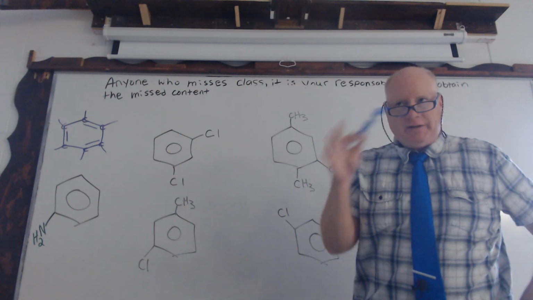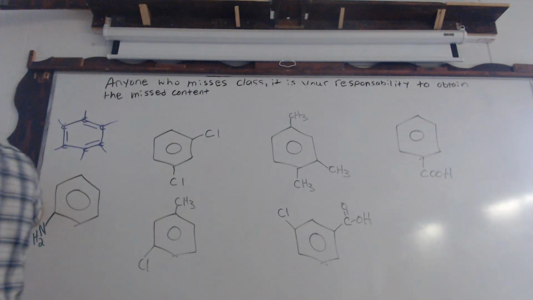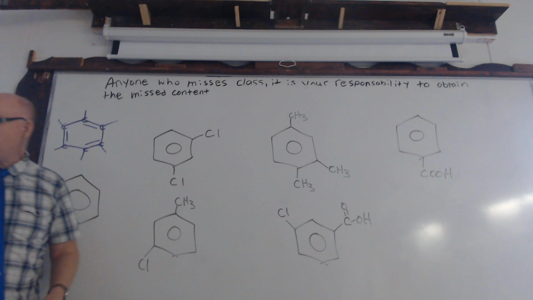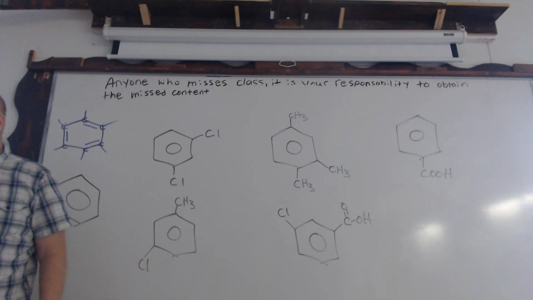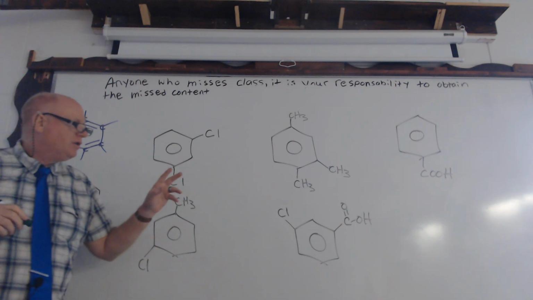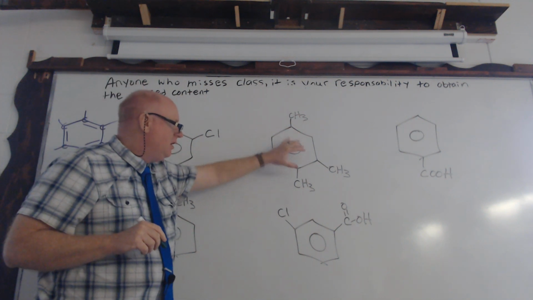Now that's something hard to wrap your head around here. So this is what we mean. One of the very last things that you wrote down in your handout says, notice that this only works when there's two derivatives or two substituents on your group. So we can't use that ortho, para, meta for this one.